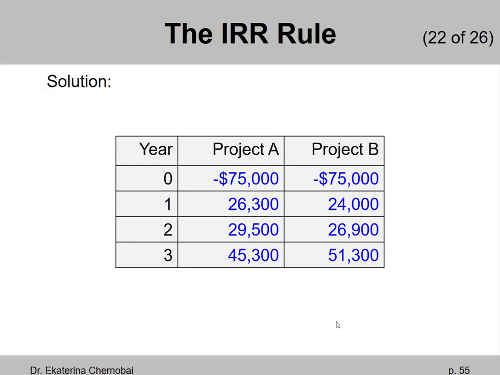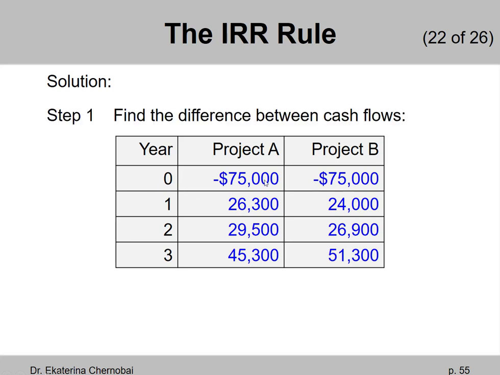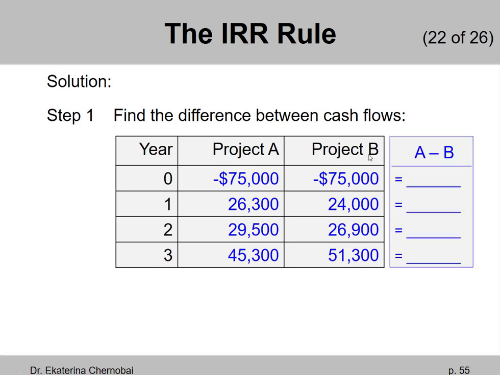To solve this problem, we need to find the difference between the cash flows, 1 year at a time. For example, we can do project A cash flow minus project B cash flow. Although if you do it B minus A, it wouldn't change our answer. So if we do A cash flow minus B cash flow, then for year 0 we have negative 75,000 minus the same number, which is 0.